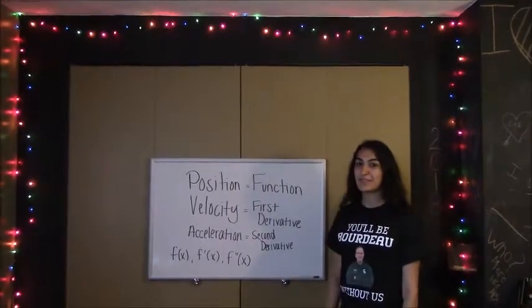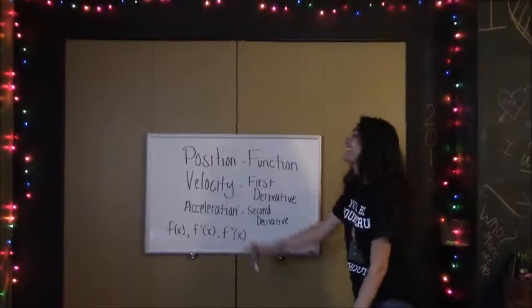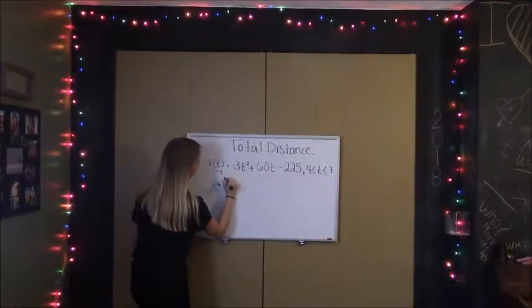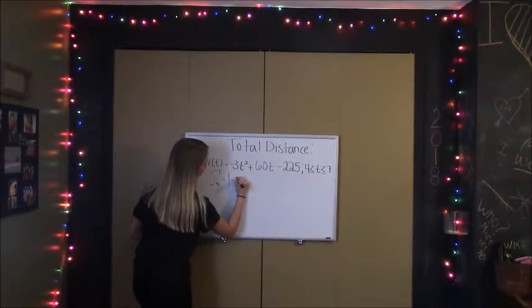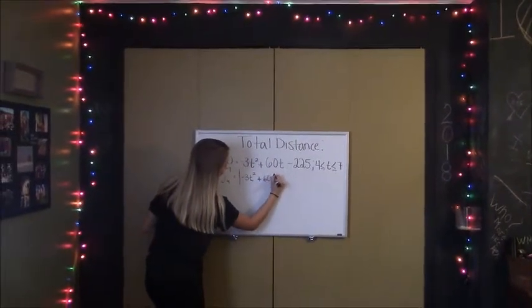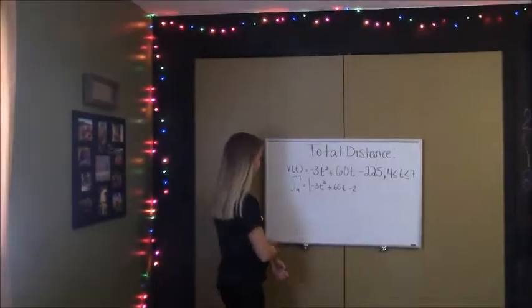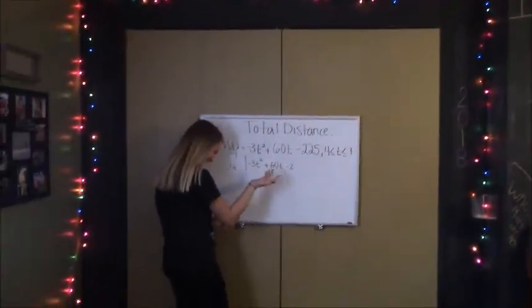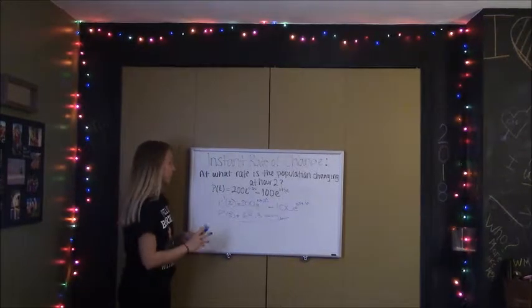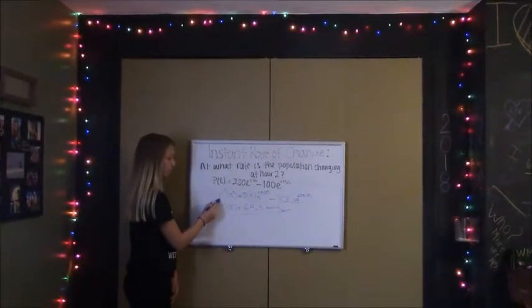So we're going to start off with the basics. First, we have position, which is the initial function. Then we have... What are you doing? What? Why'd you write an equals? So all I had to do was plug in 2 for t and take the derivative of that.